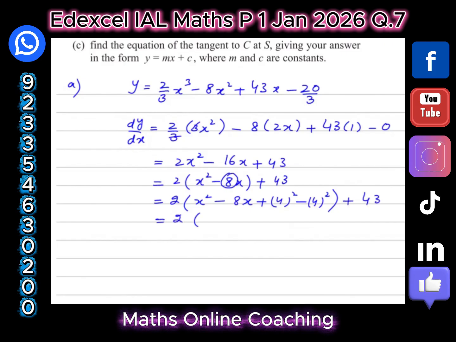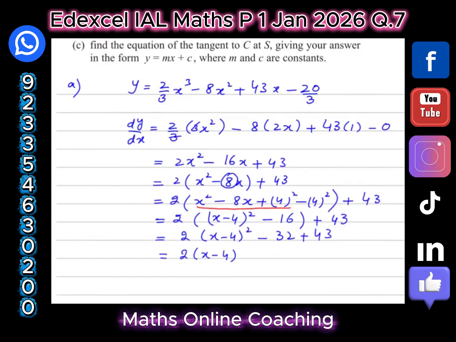This is equal to 2 times (x minus 4) whole squared minus 16 plus 43. This value is converted into the whole square by using the formula. This is equal to 2 times (x minus 4) squared minus 32 plus 43, and it gives 2 times (x minus 4) whole squared plus 11.